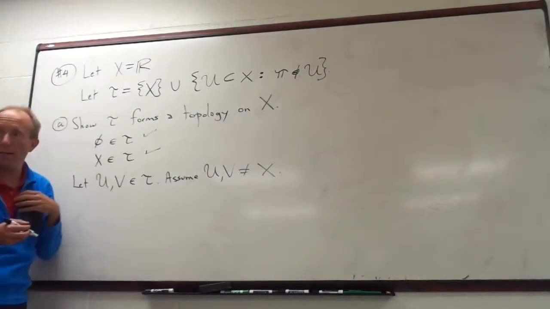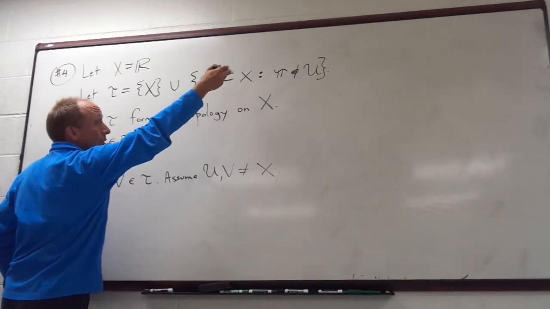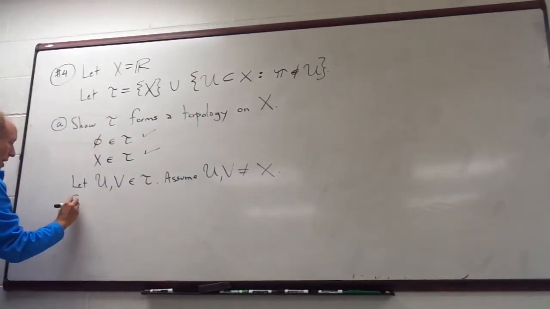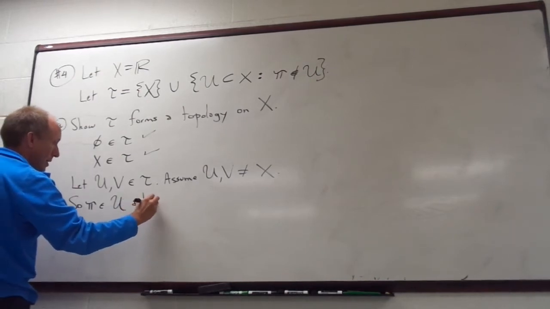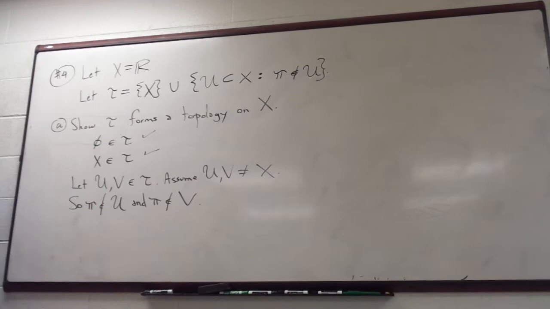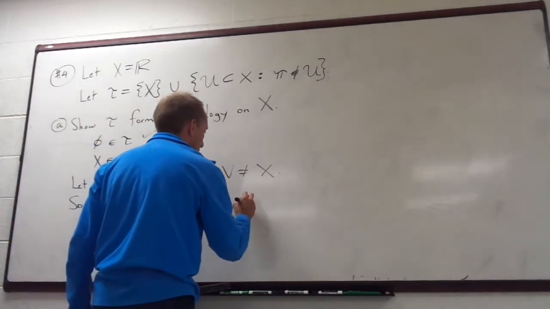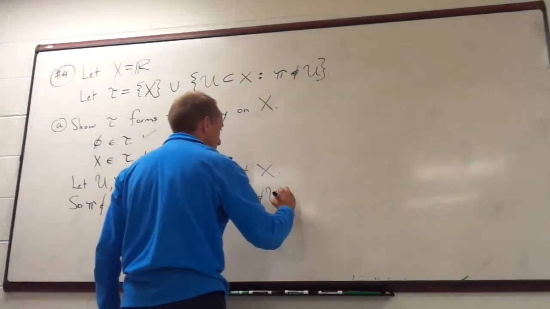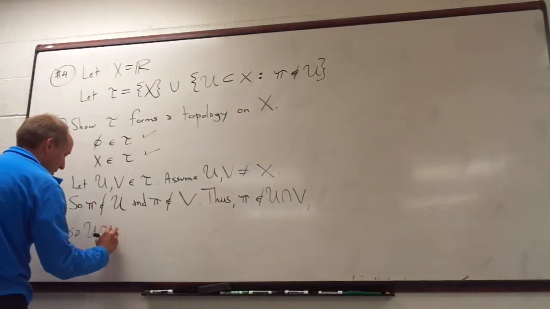So do we have that? Yes, absolutely, because U and V are not equal to X, then they have to be over here somewhere, right? Okay, so pi is not in U, and pi is not in V. Thus, pi is not in the intersection, so U intersect V is in tau.